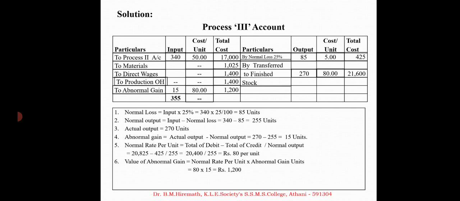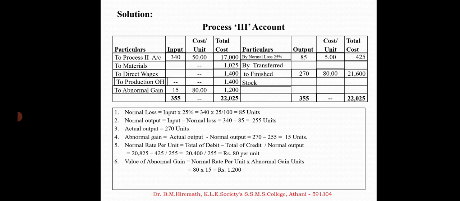Get the total: 355 units and total amount is 22,025. Even on the credit side, total is 355 and total amount is 22,025. With this we have completed all the 3 process accounts.